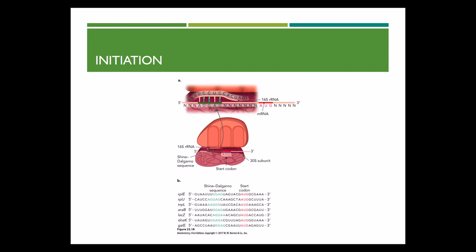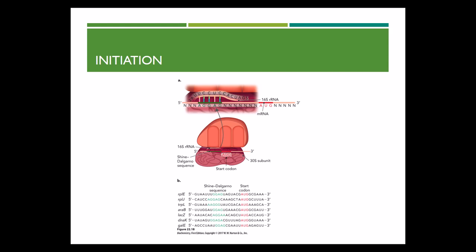In both prokaryotes and eukaryotes, protein synthesis begins at a messenger RNA AUG codon. This sequence is only recognized by one transfer RNA that has been charged with methionine.